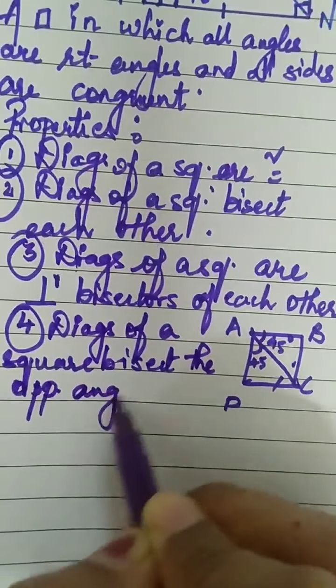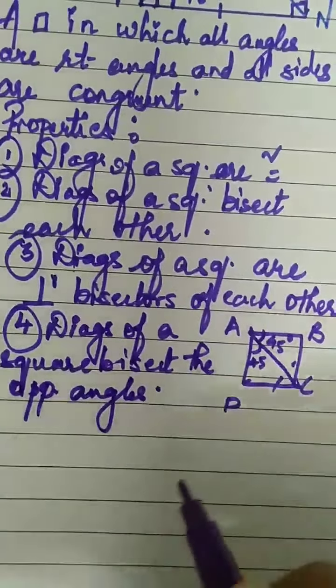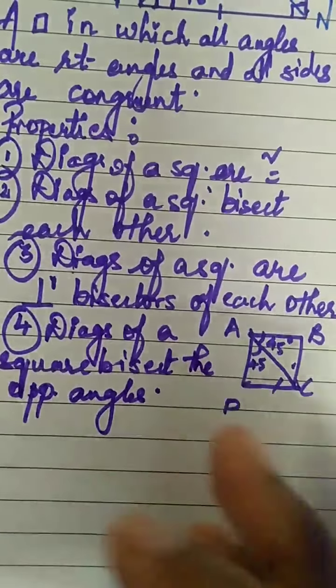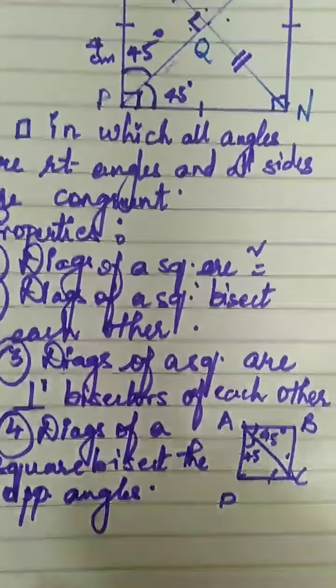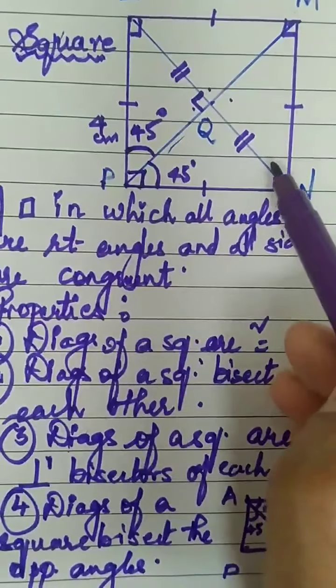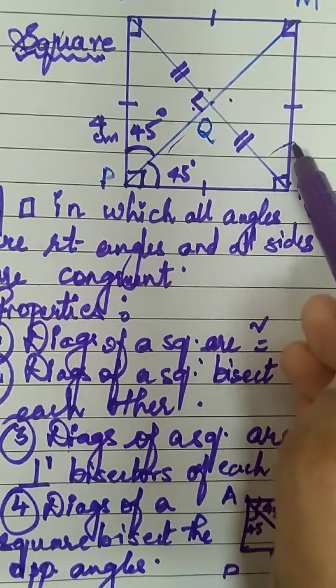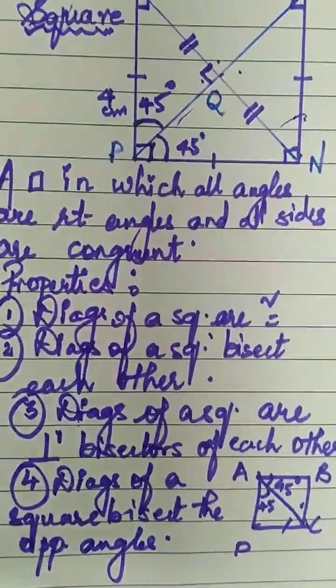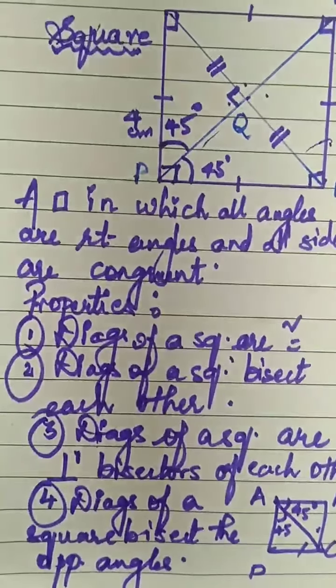They divide the opposite angles into equal parts. That is 45 degree, 45 degree. If you divide 90 into 2, you will get 45, 45, no? So this will be 45, this will be 45. Same way, this much will be 45, this much will be 45. Understood? So these are the properties of square.